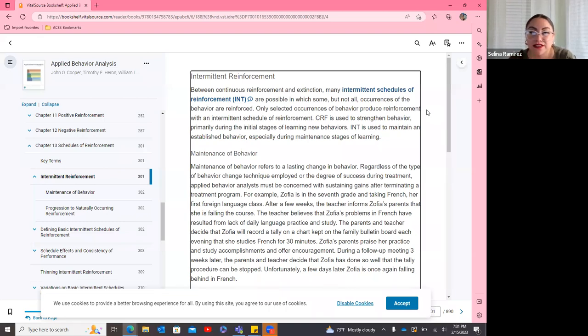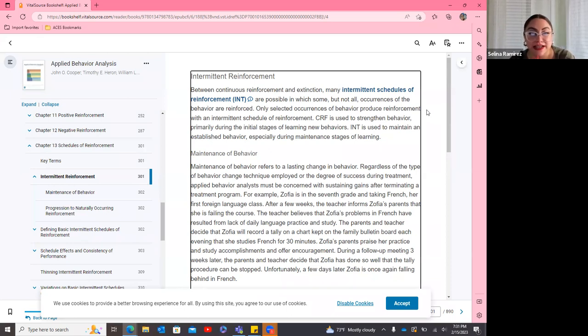anytime you're teaching a skill, there are different phases of learning. You have your first phase, which is your baseline or your probing. We just want to check in and see if they have the skill, yes or no. Then you have your intervention phase where we start teaching it.